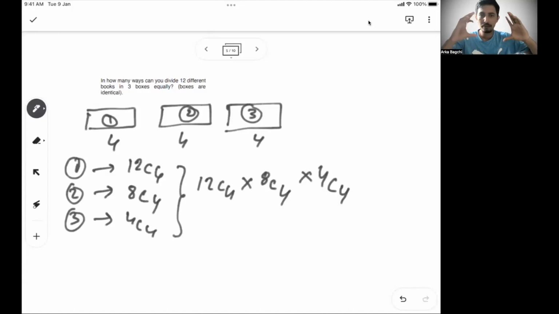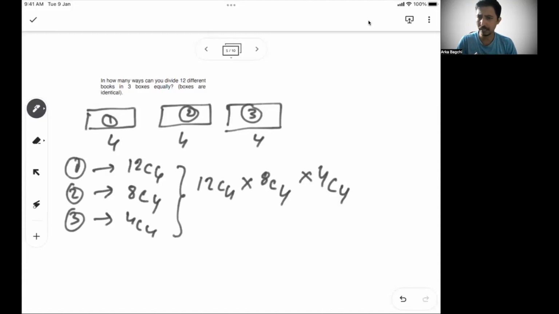So 12 different books, 3 identical boxes. You have to put 4 different books in each. How you choose the first 4 books for the first box ensures that for each of those choices, you will have 8 books left. And from those 8 books, you can choose any 4 books. And again, for all those choices, you have 4 final books left for the last box.